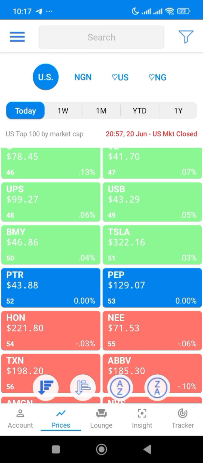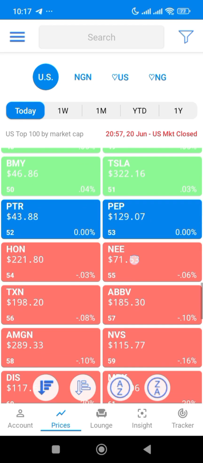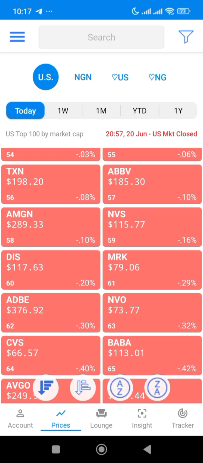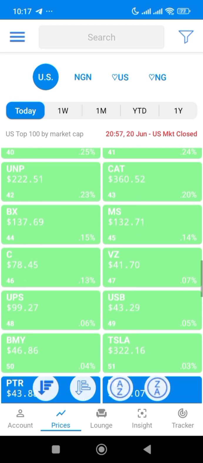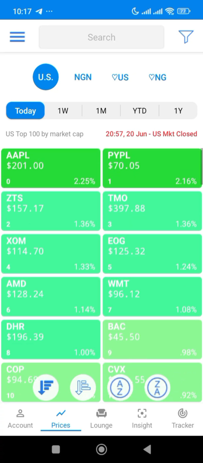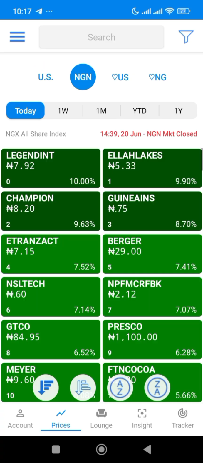It didn't increase that much and it didn't reduce. It's stable, it was just there. Then the red means that the value reduces. These are the major stocks in Nigeria, which is showing above. So this is it.